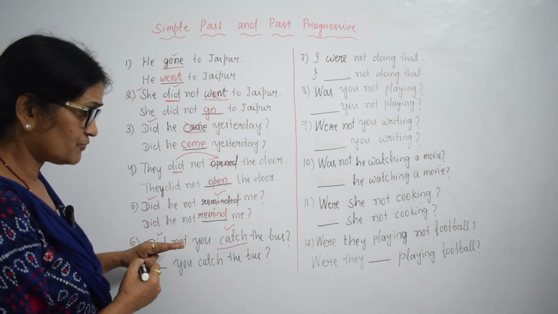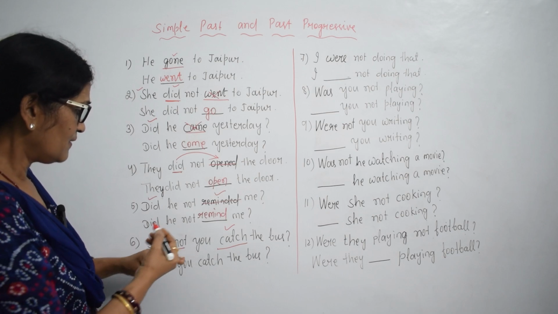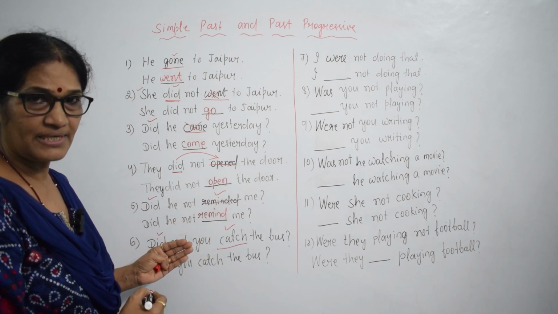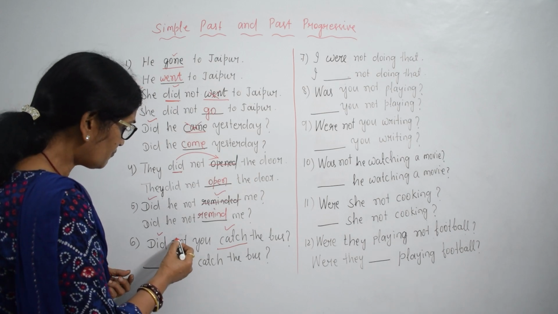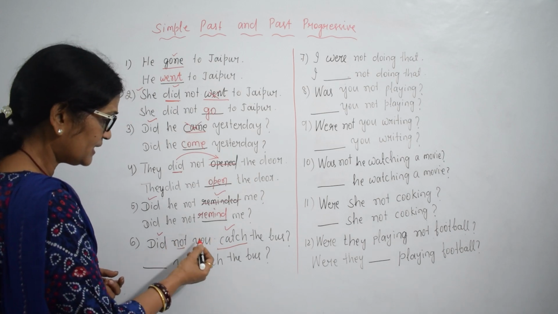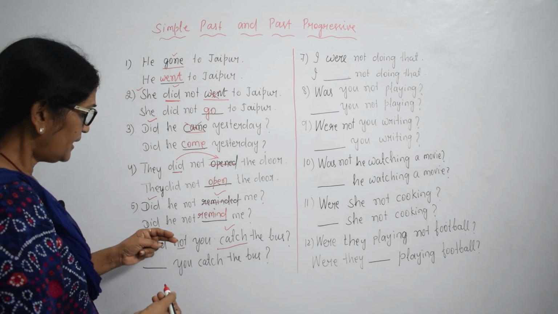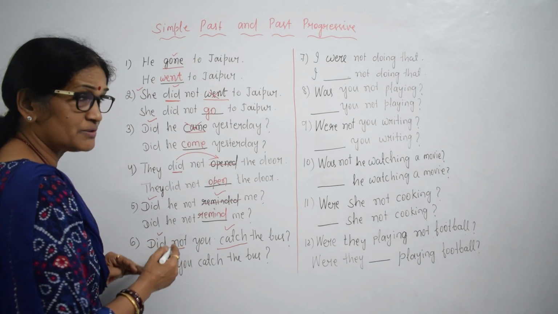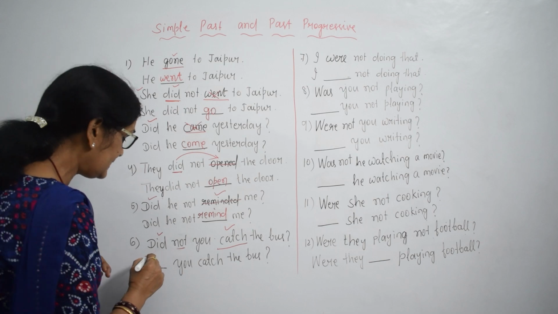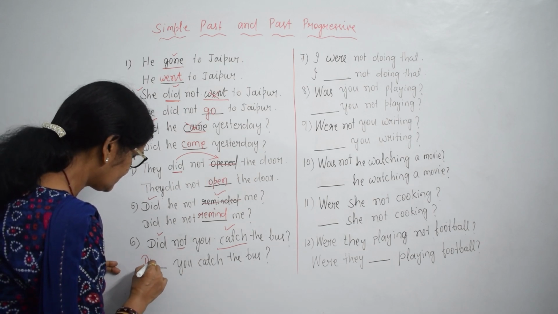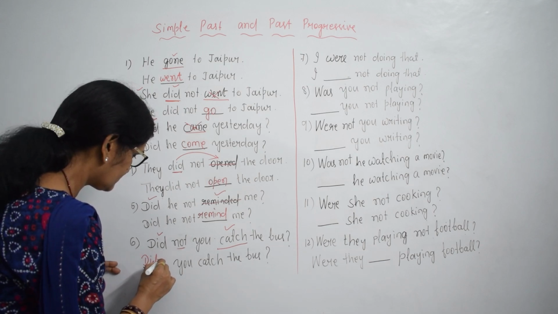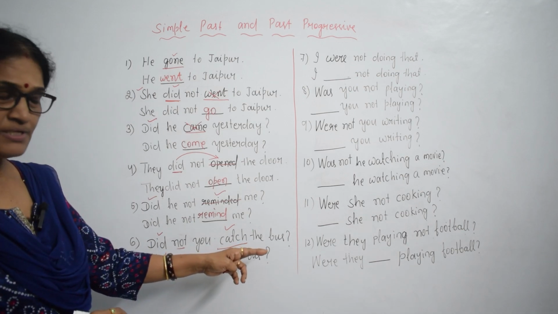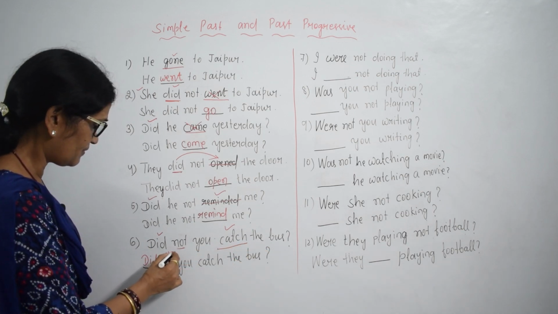We cannot use the full form did not before the subject in an interrogative sentence. We can use it after the subject: Did you not catch the bus? If we want to use it before the subject, it must be in the contracted form, didn't. Didn't you catch the bus? This is the contracted form.